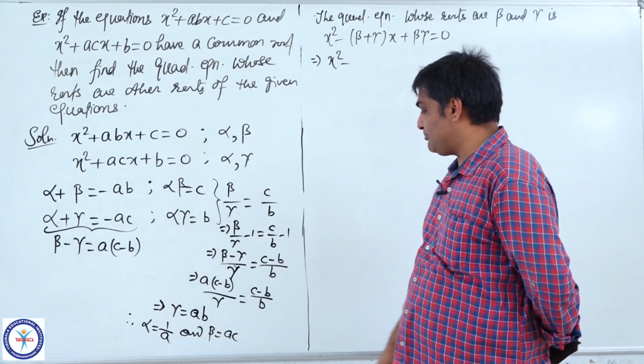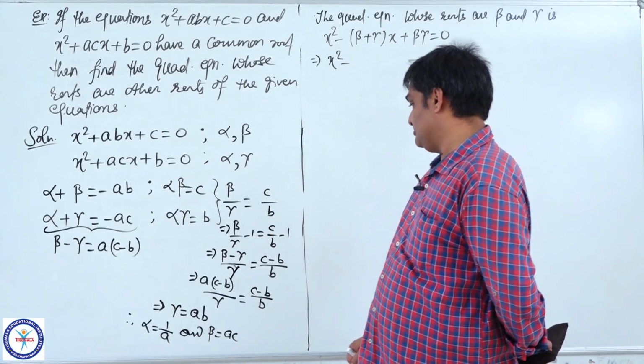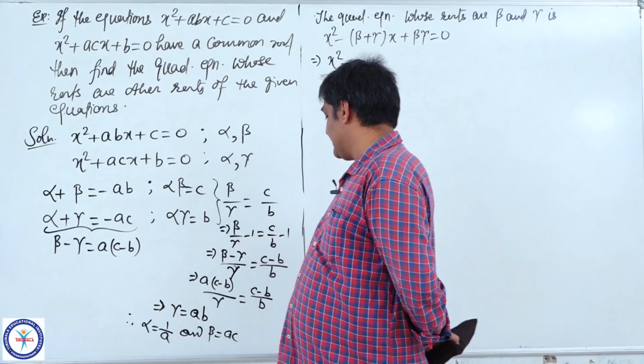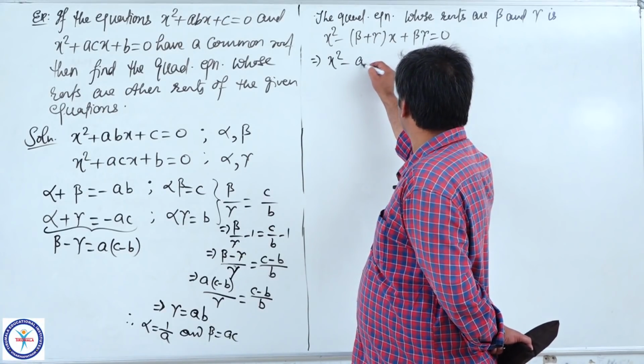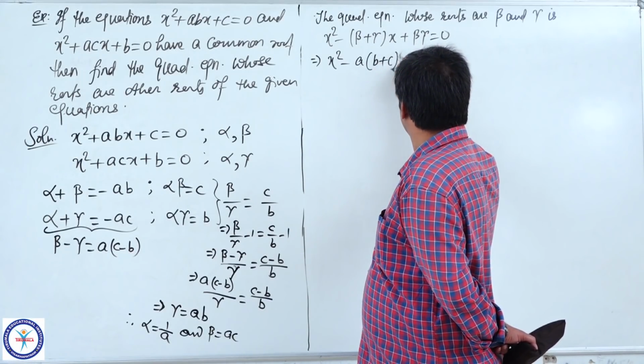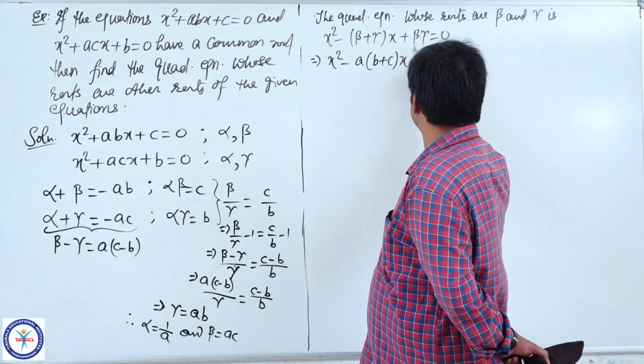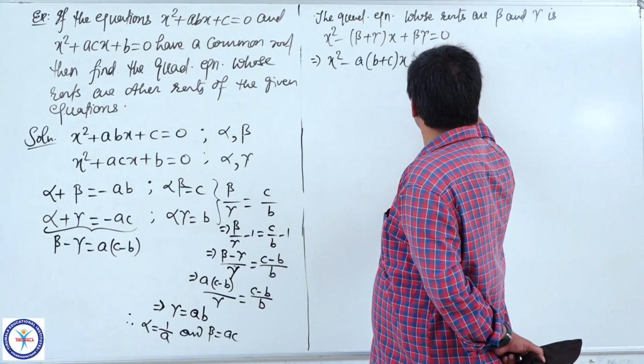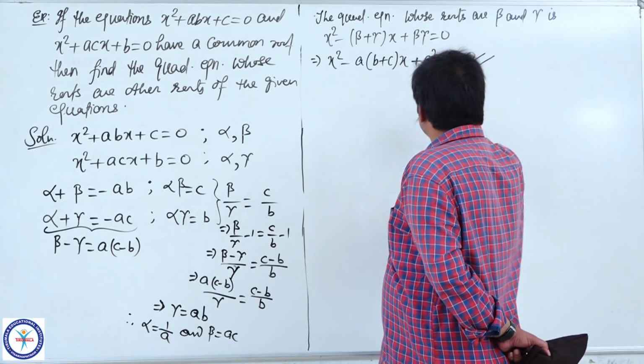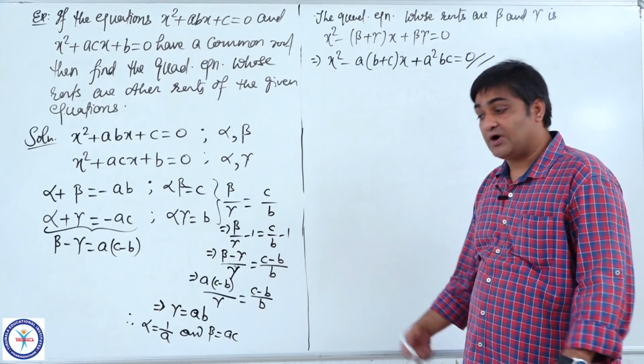What is beta plus gamma? Beta is ac, gamma is ab. And what is beta into gamma? This is the required quadratic equation.